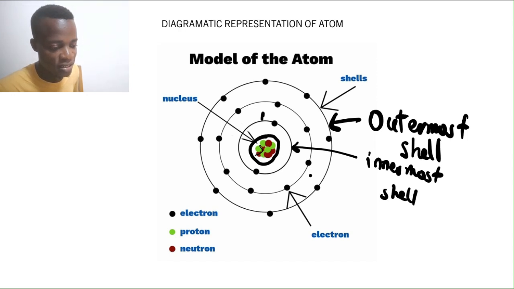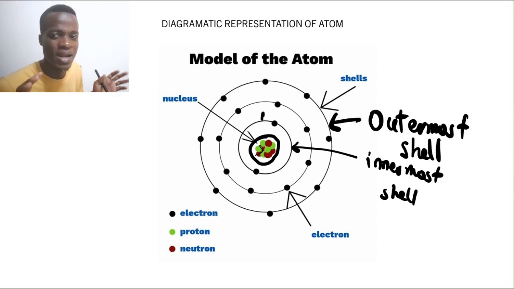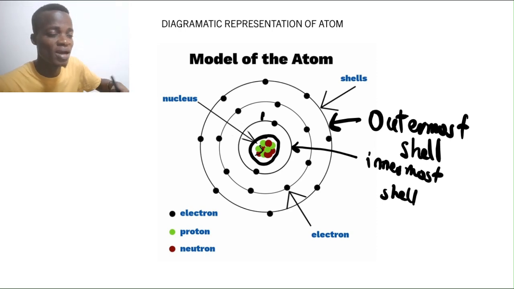The very last one, the largest one, is the outermost shell, and all the others that are inside we call the inner shells. But the one that is very close to the nucleus, the very first, is called the innermost shell, right? It's just English. Okay, so those are the names.